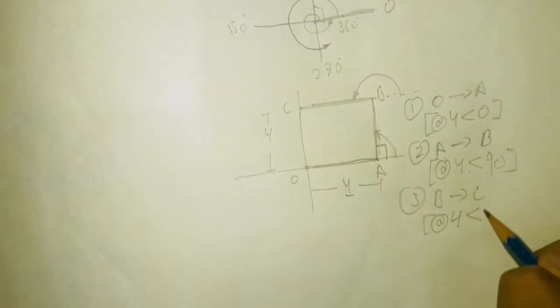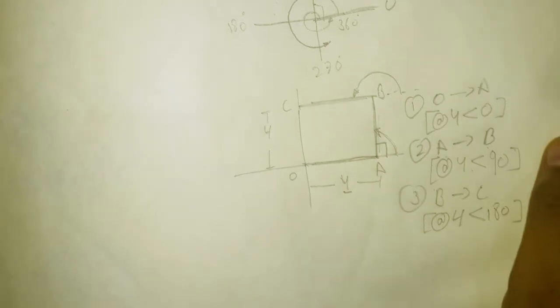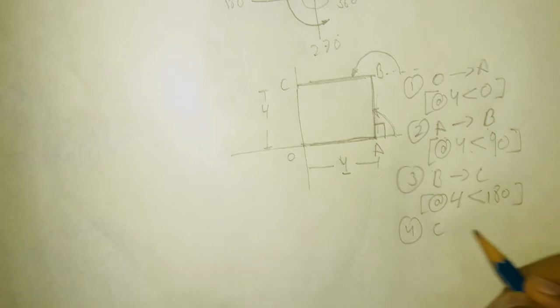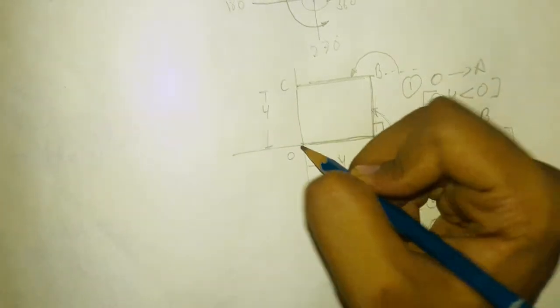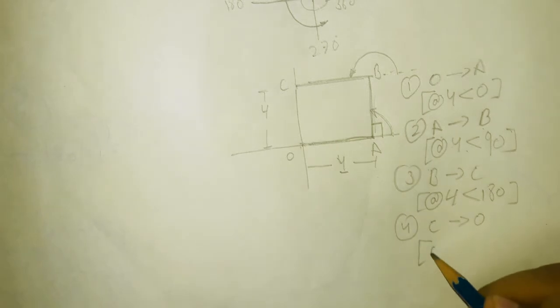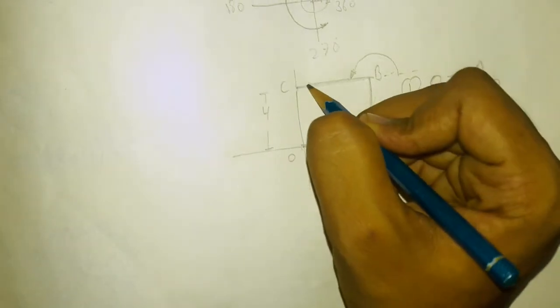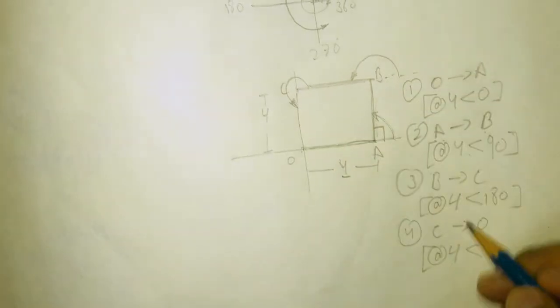This is our 180 degree. Similarly, for point 4, C to O, at the rate distance is our 4 and angle, again anti-clockwise direction, it is 270 degree.